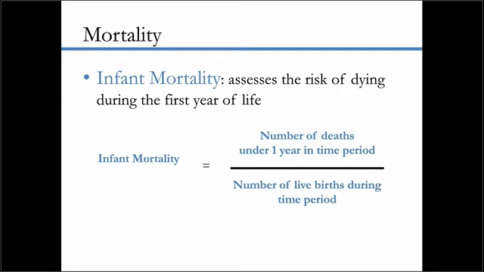Because if we have a higher number of infants under 1 year of age dying, then that might indicate that there's something going on that's leading to those higher rates of death. And so infant mortality is equal to the number of deaths among children who are under 1 year of age in a certain time period over the number of live births during that same time period.